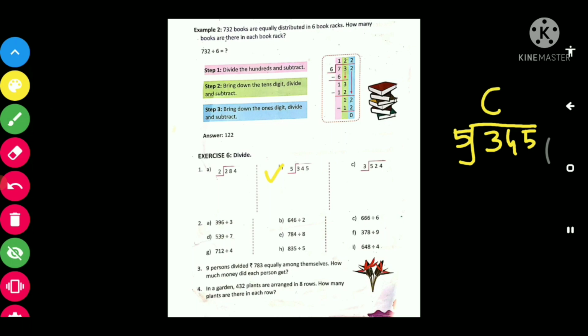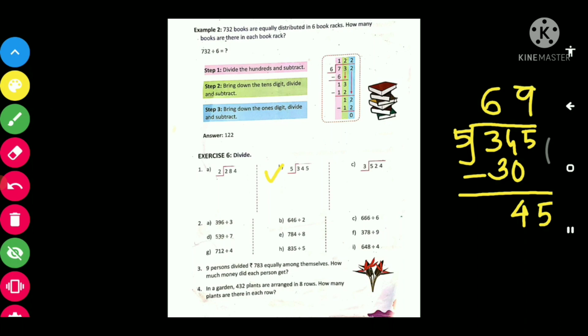So 5 6s are 30, because 5 7s are 35, which is greater than 34. Now we'll do subtraction. So this 4 comes here, right? Now this 5 will drop here. Now our number is 45.